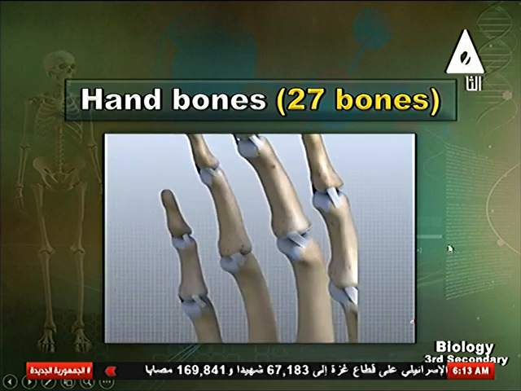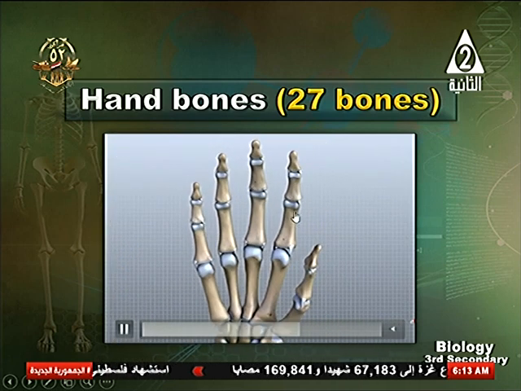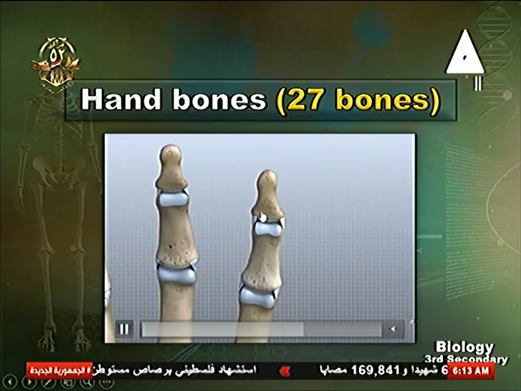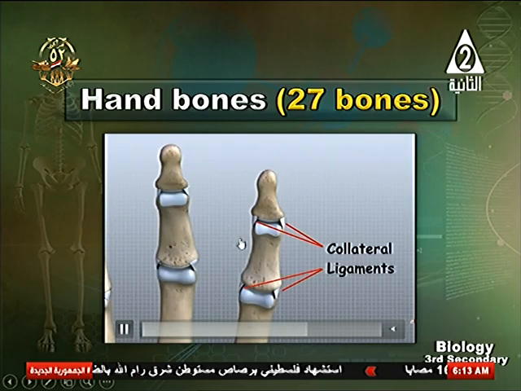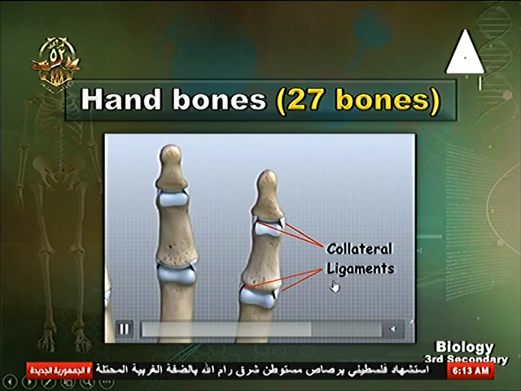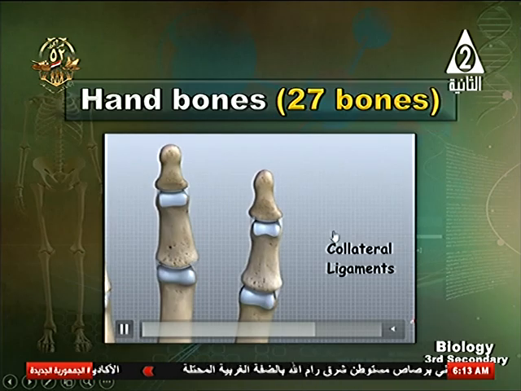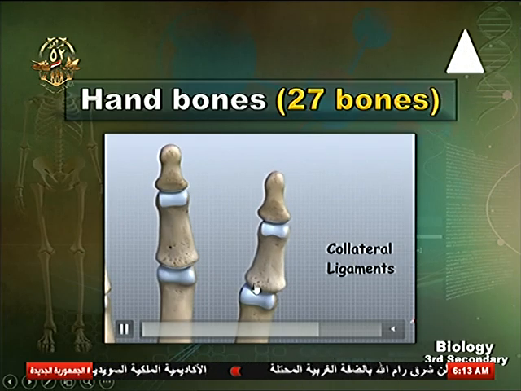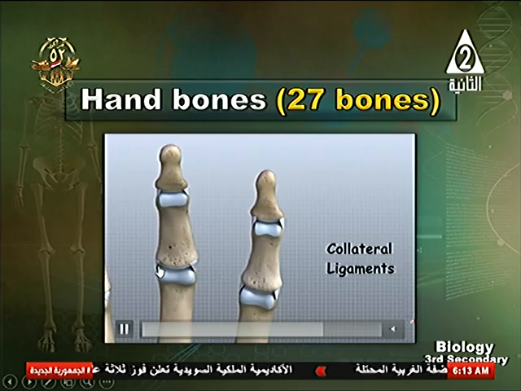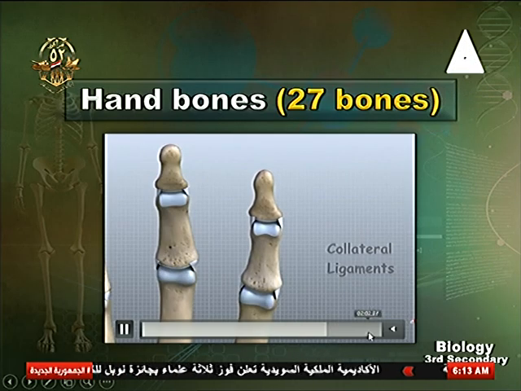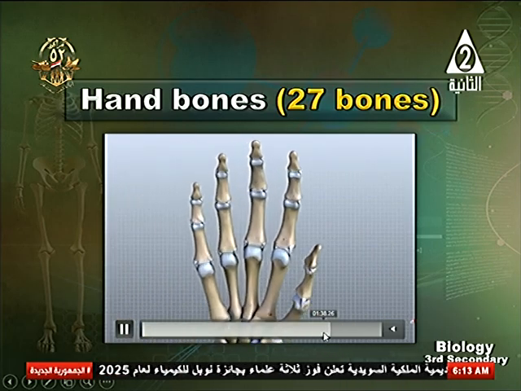This is the ligament. Ligaments connect bones together to facilitate their movement. These are called collateral ligaments because they connect bones from the lateral sides, preventing bones from sliding or moving in an irregular way.